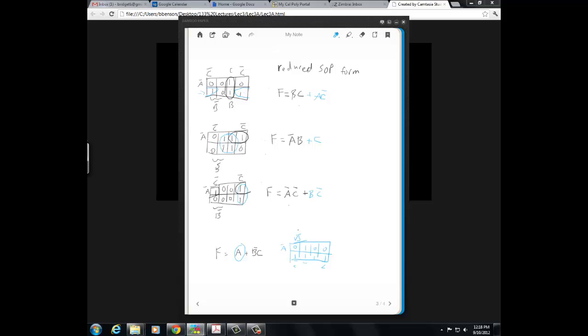Alright, so now we've just learned how to do reduced SOP form, but now we need to also know how to do reduced POS form. So just as we saw before, when you're looking at POS forms, you're going to be looking at the zeros rather than the ones. So in this case, we're going to be grouping zeros. So we're going to do reduced POS form.